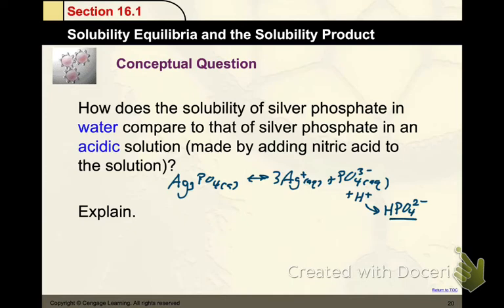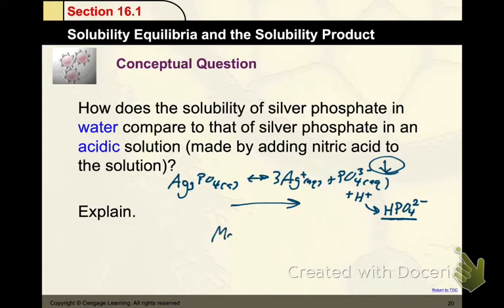In other words, PO4 3 minus is a pretty good base to be able to attract H plus and form this weak acid. So as you add H plus, it is decreasing the amount of the phosphate. Decreasing a product is going to shift the equilibrium more to the right according to Le Chatelier's principle.